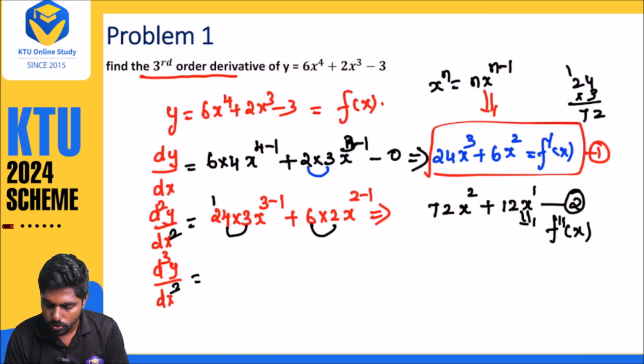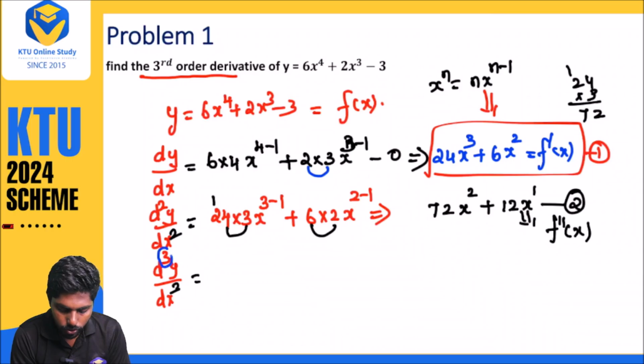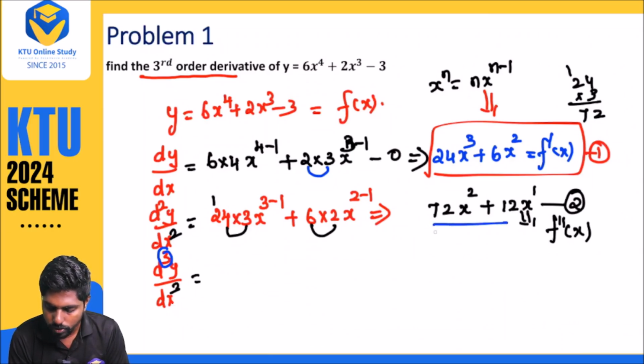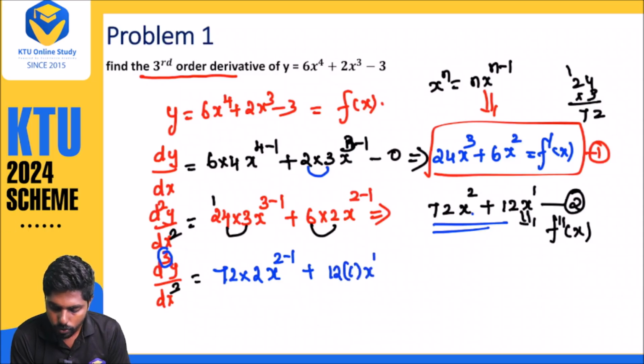Next, we again want to differentiate, since we need the third order derivative. We differentiate equation number 2. Using the same derivative formula, 72 into 2 x power 2 minus 1, plus 12 into 1 into x power 1 minus 1. X power 0 is 1.